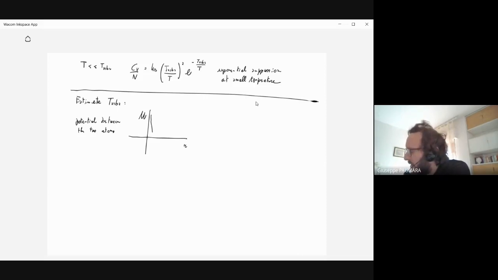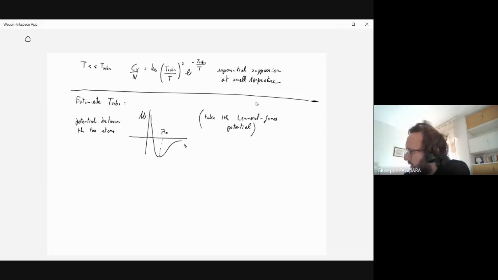So it would be something like that. For instance, take the Lennard-Jones potential as an example. Here you see that we have a scale, which I call R0, which is the scale at which we have the minimum of the potential energy.